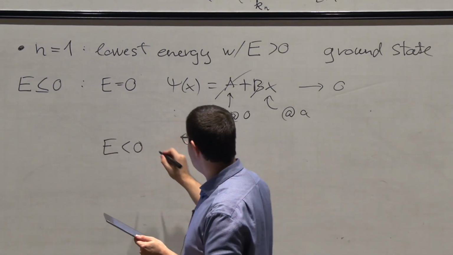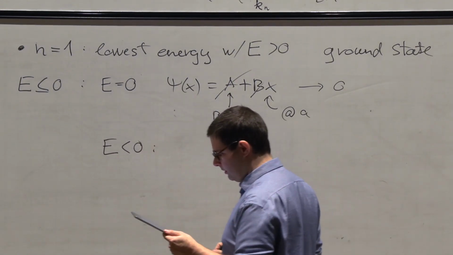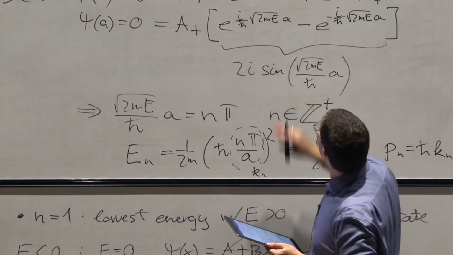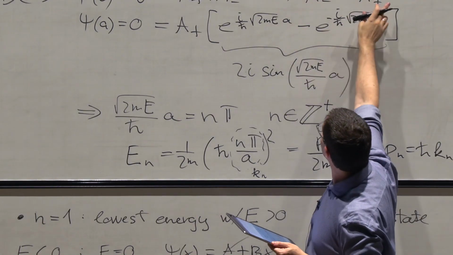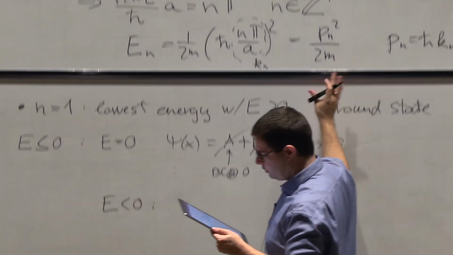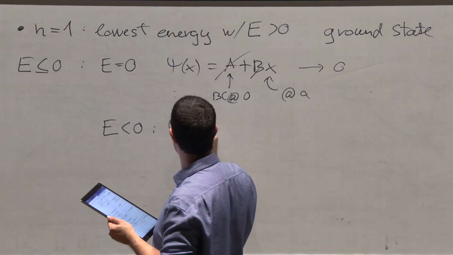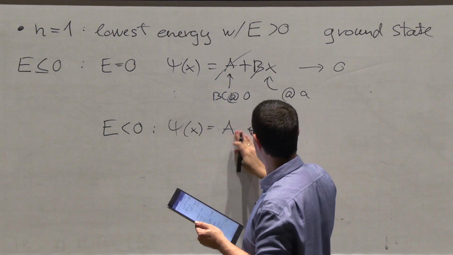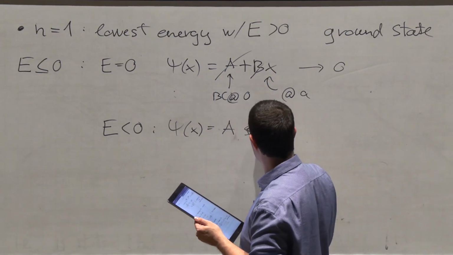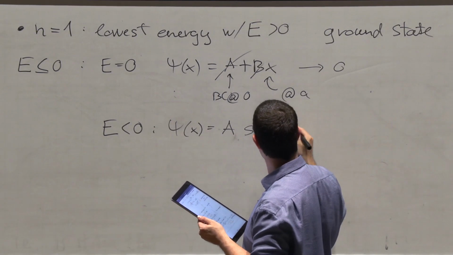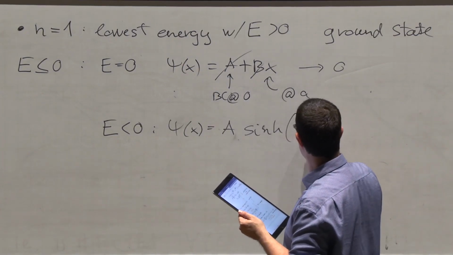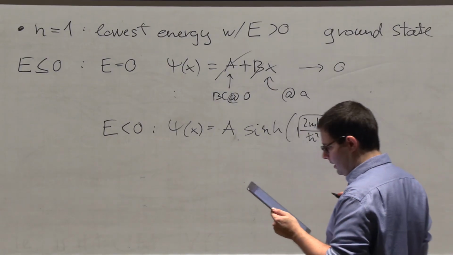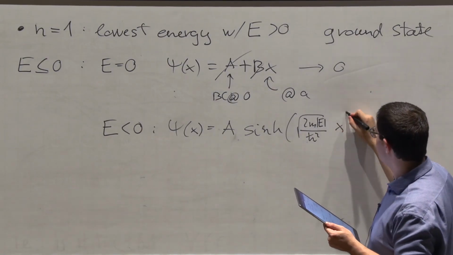And for negative E, we can use this formula, and so A minus equals minus A plus will be true, and then psi of x wants to be a sinh. Maybe let me absorb a factor of 2. So it wants to be a sinh of the square root of 2m absolute value of E over h bar squared times x.